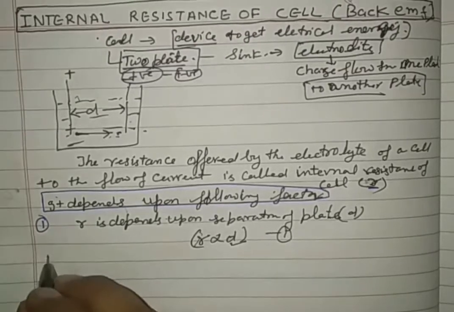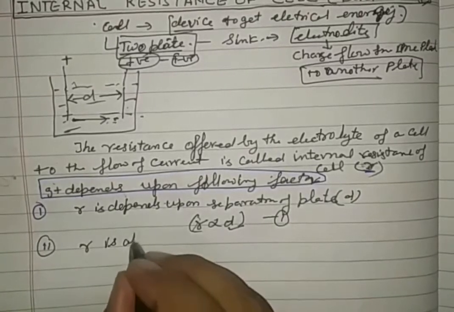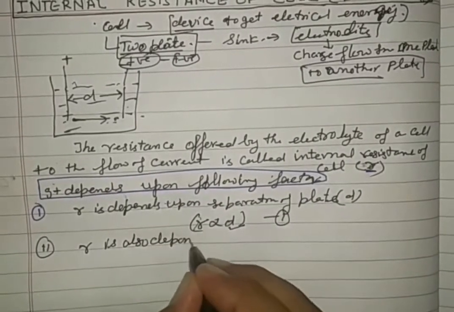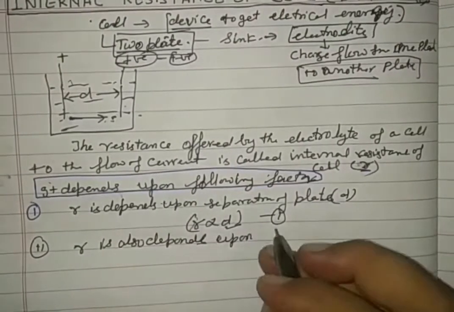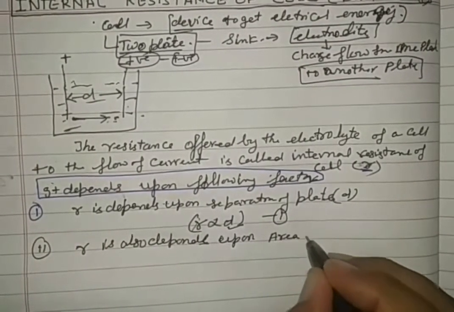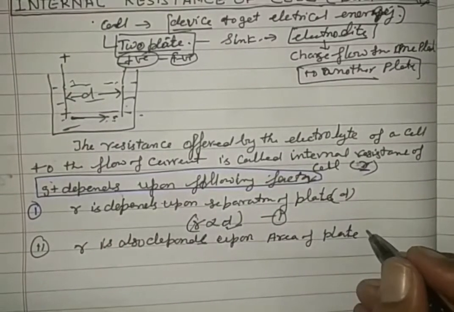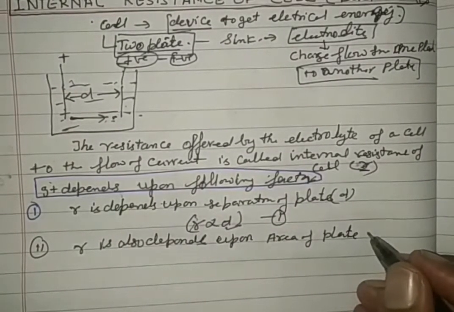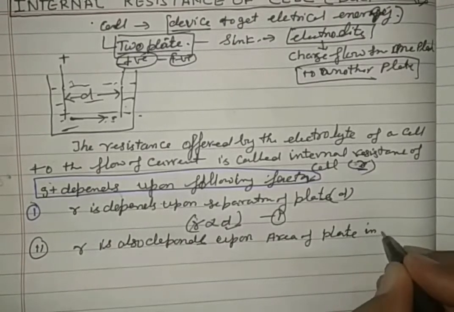Point number 2, internal resistance of a cell also depends upon the area of the plate in electrolyte.